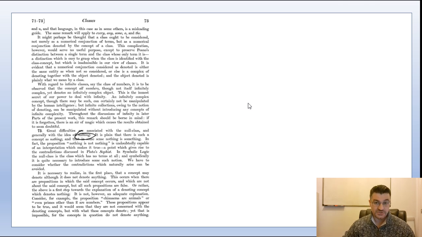And the propositions certainly are not about the denoting concepts. It would seem that they are not concerned with the denoting concepts, but with what these concepts denote. Yet this is impossible, for the concepts in question do not denote anything.